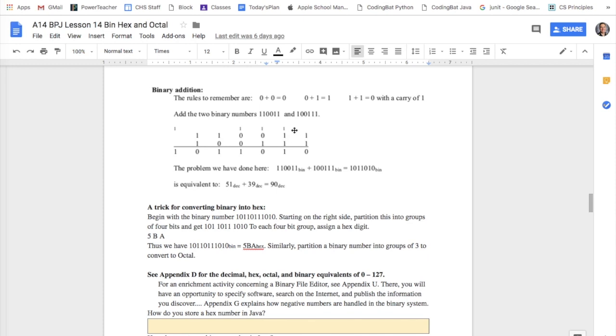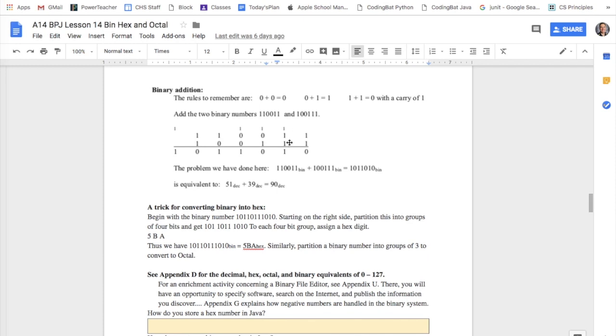So for example, if we wanted to add these two binary numbers, we're going to write them down one above each other. 1 plus 1 makes 2, but the way you write a 2 is you write a 1 and a 0. So you put the 0, you carry the 1. 1 plus 1 plus 1 is 3.